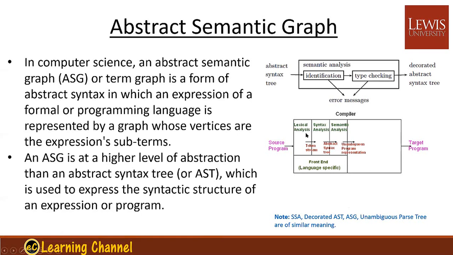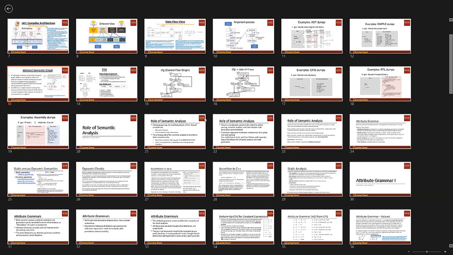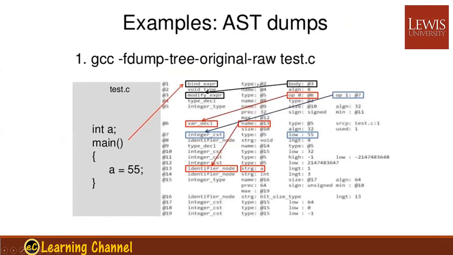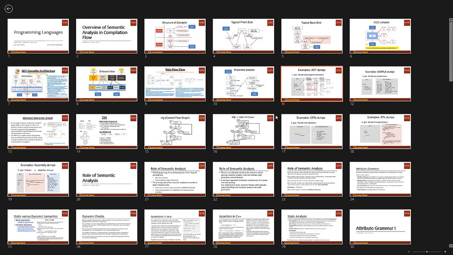So you do lexical analysis, syntax analysis, and semantic analysis. After here, you have checked all the grammatical errors, and then you create a decorated AST. You can think of this as the AST format we got, an abstract syntax tree. That's the format we got over here, but not exactly the same.